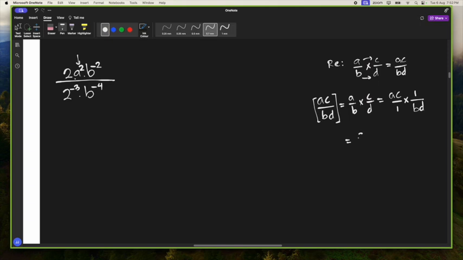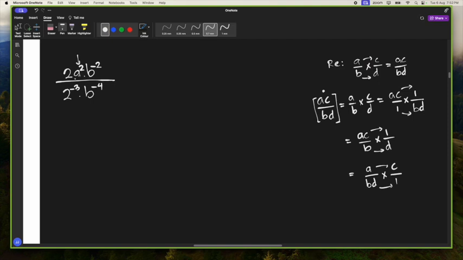I could split it into AC over B multiplied by 1 over D, or A over BD multiplied by C over 1. If I multiply out all of these using the simple laws of multiplying fractions, I will get back this. So all of these are multiplied.